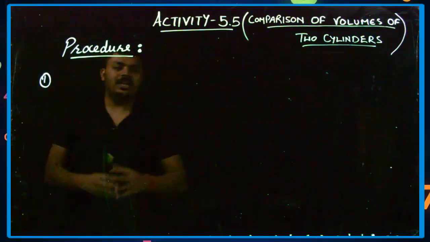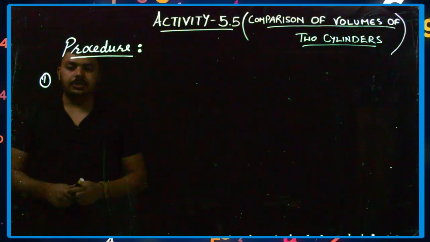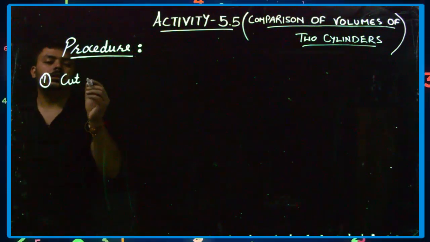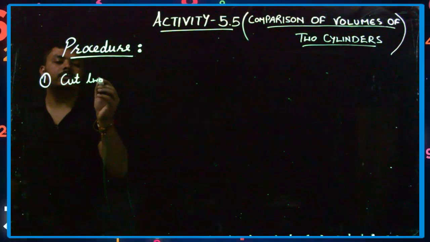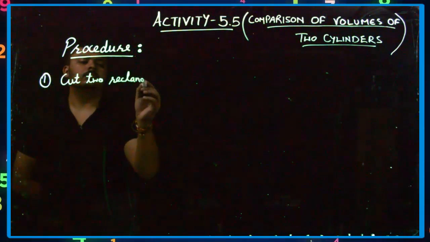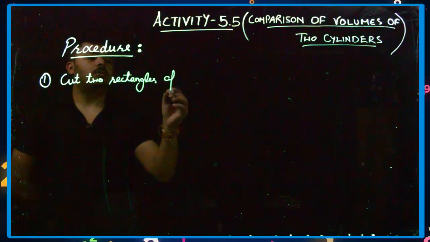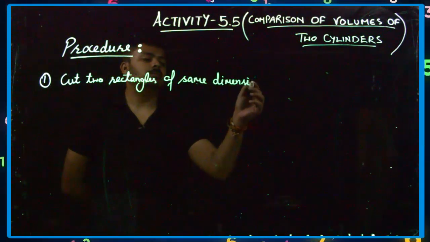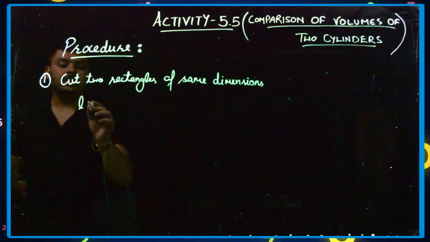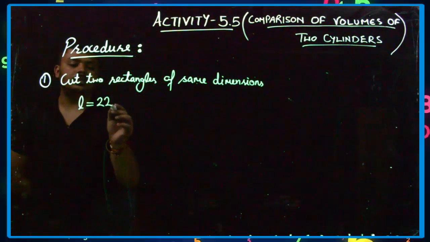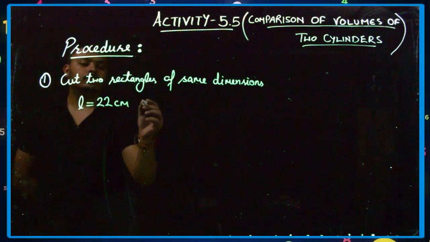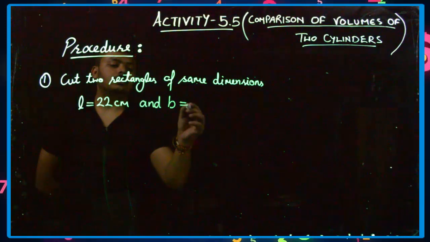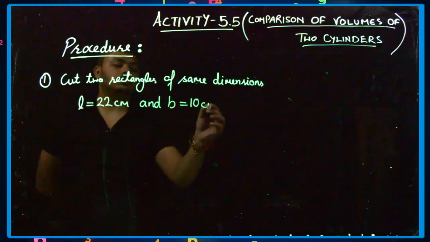So students, now let's see the procedure for the given activity. First, cut two rectangles of same dimension where length L equals 22 centimeter and breadth B is equal to 10 centimeter.